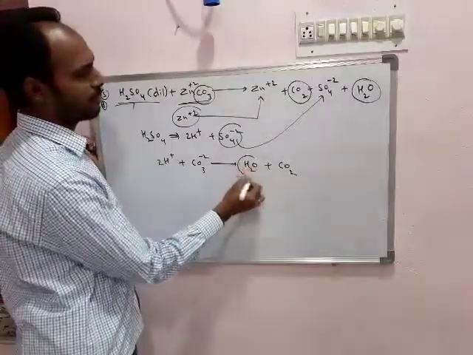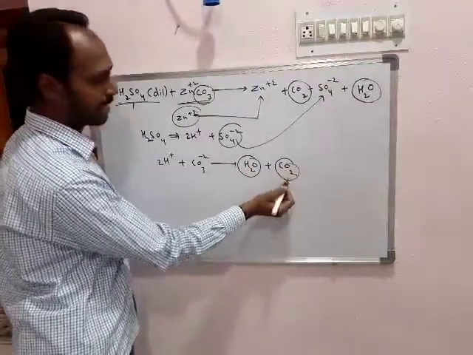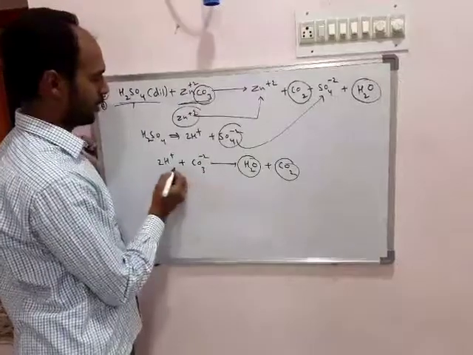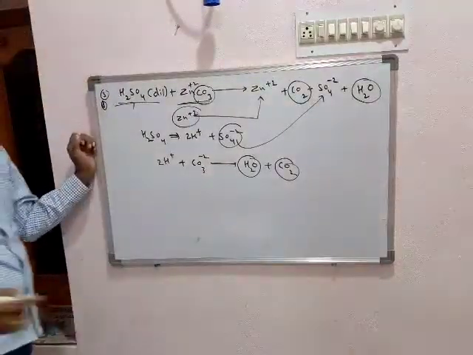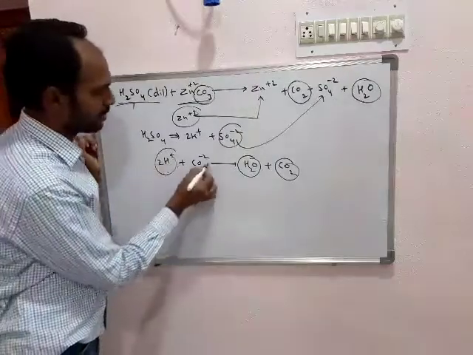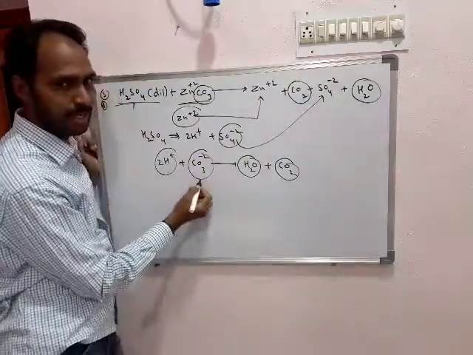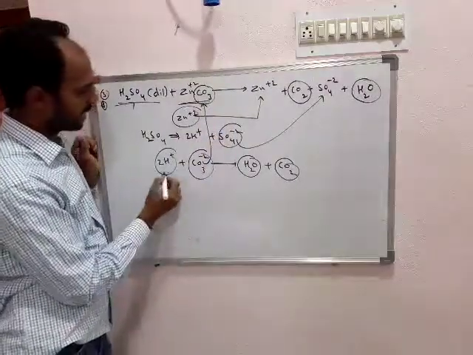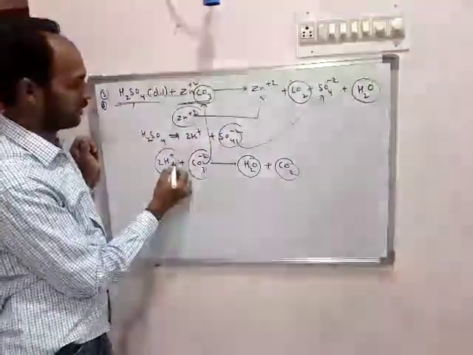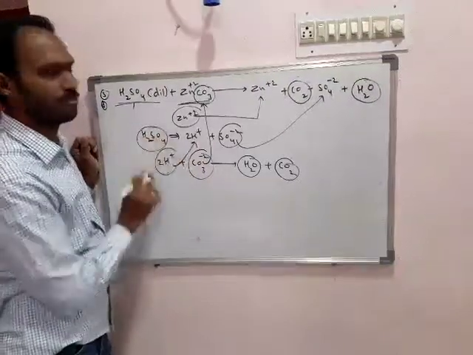It means the formation of H2O and CO2 takes place only due to the reaction of these two H plus ions with the carbonate ion. This carbonate ion is from zinc carbonate and these two H plus ions are released from H2SO4.